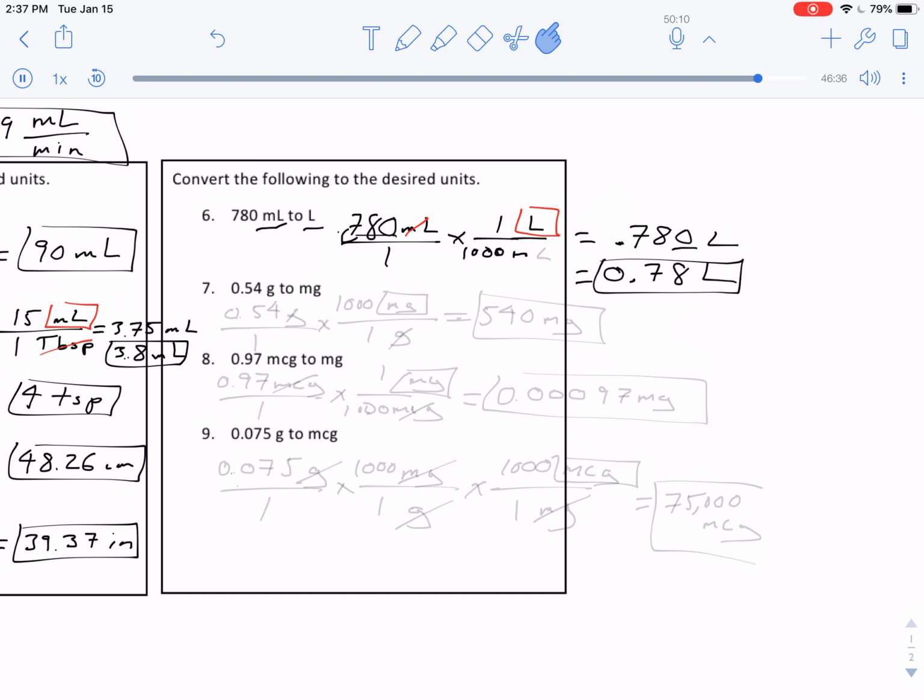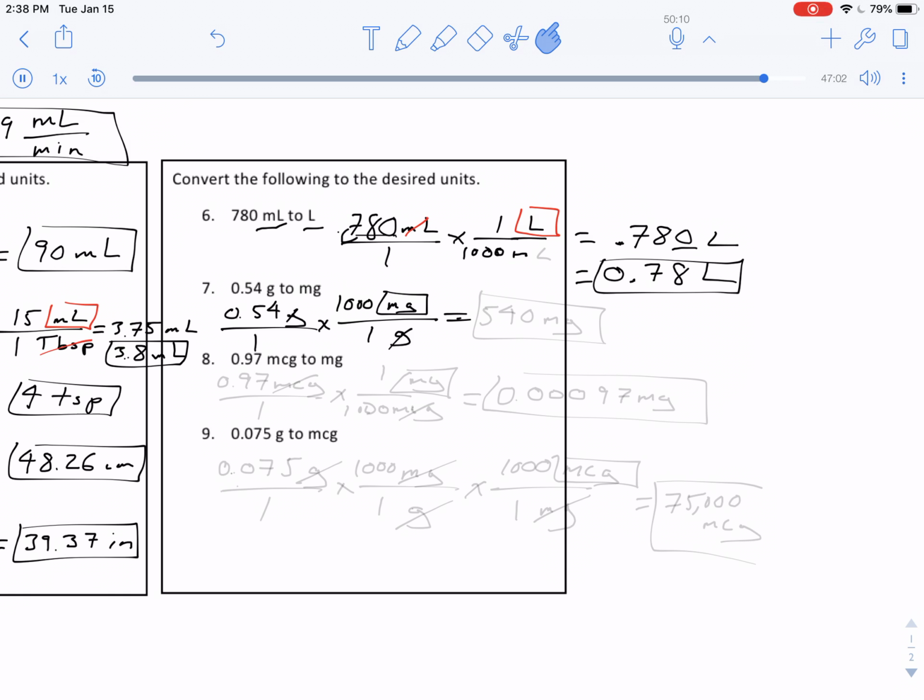All right, going again, number 7. So, 0.54 grams over 1 times, I want the grams to cancel, so I'm going to have grams on the bottom, milligrams on the top. There are 1,000 milligrams to 1 gram. Cancel, box. Sorry I didn't do the color. I'm getting lazy here, but hopefully you understand.